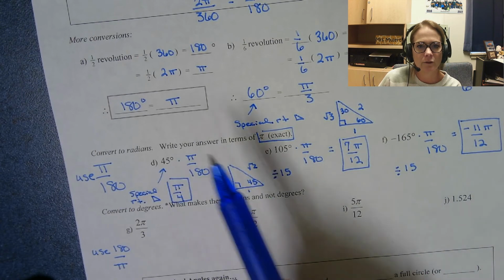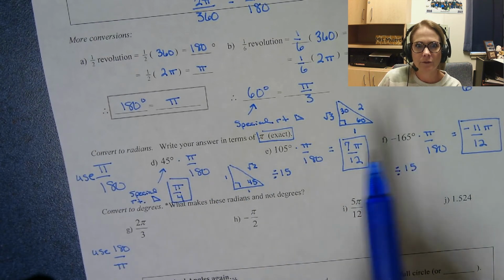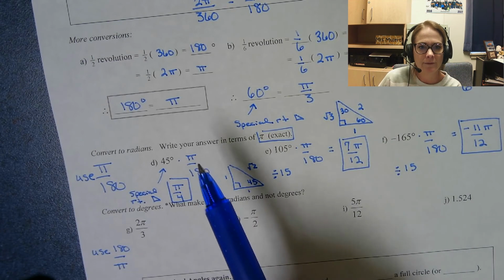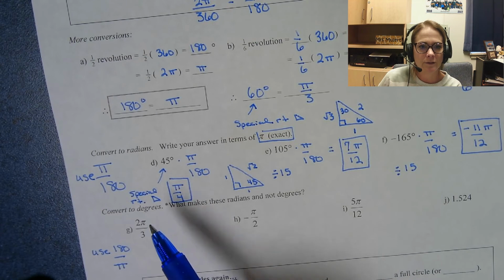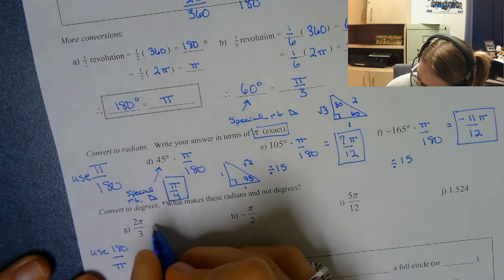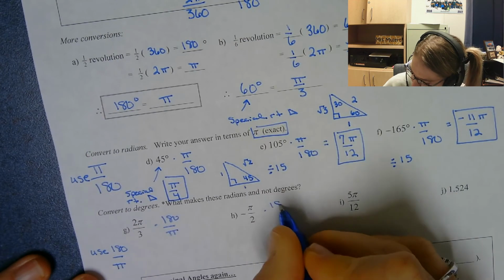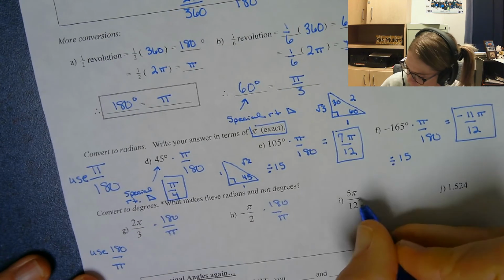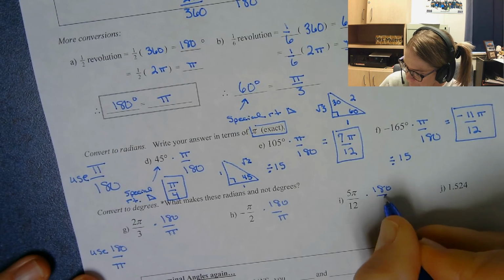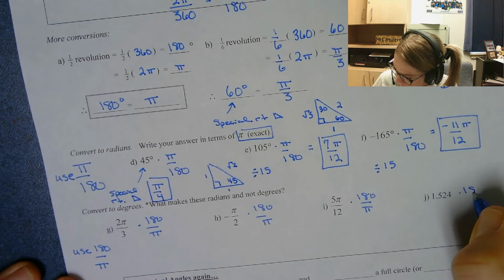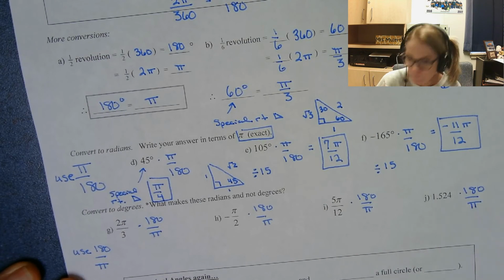All of them had a degree symbol, and so you know they're degrees, so you want to get that pi into the problem. So you want pi in the numerator. Here, you're going to degrees, you want the pi out of the problem. So you've got the 180 over pi. You just have to pick the appropriate conversion factor to get what you need for what's being asked of you.